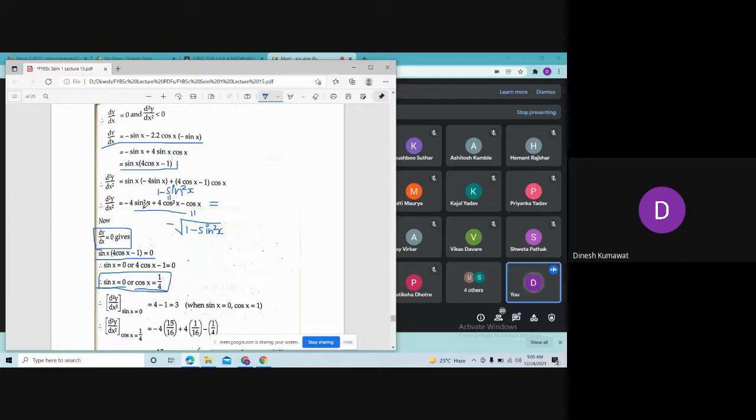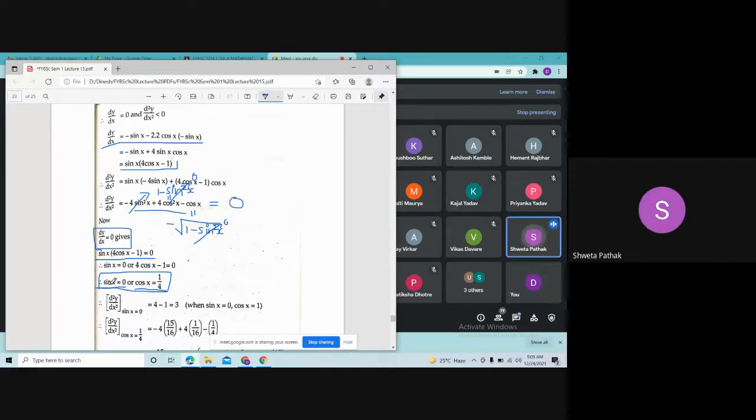Now put sin x is equals to 0. So this becomes 0. This becomes 0. And here I am having minus 1. Here I am having plus 1. So this gives me 0. Which means we can't conclude anything about sin x.